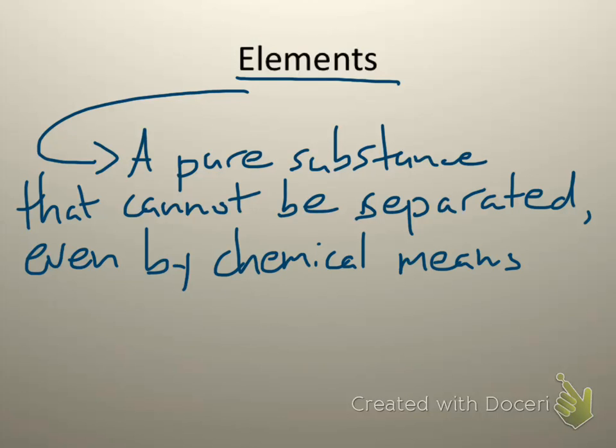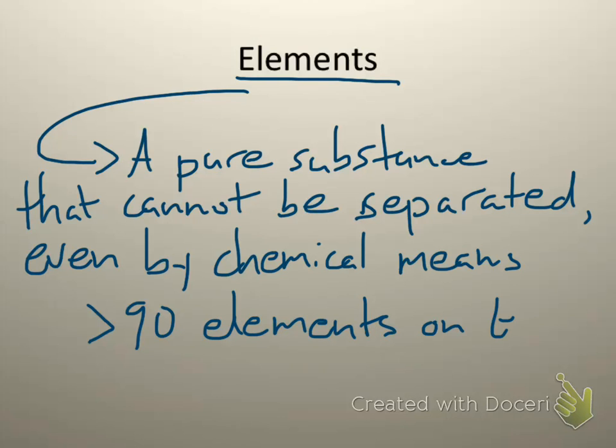That's all it is. There's a little bit more than, I'll say greater than, 90 elements on Earth, naturally occurring. The most common ones are things like carbon and hydrogen and nitrogen.